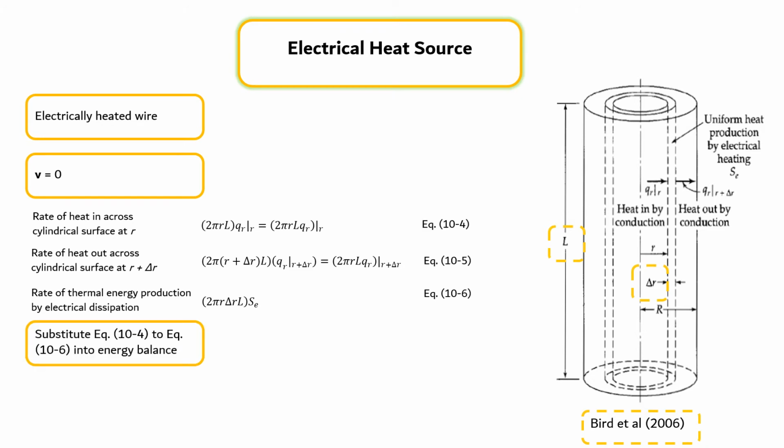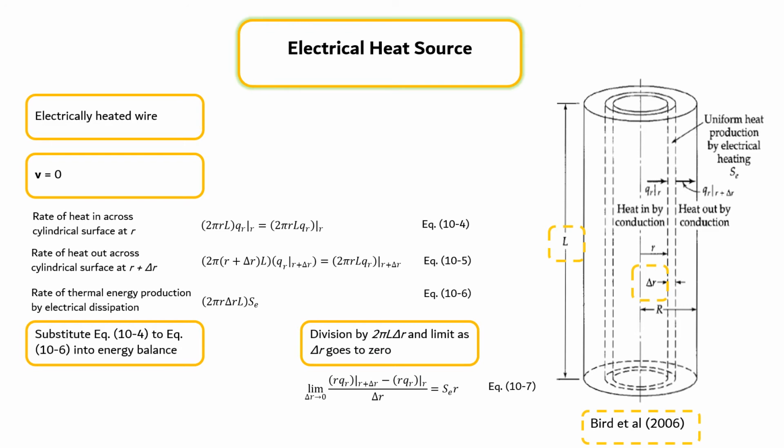We now substitute equation 10.4 to equation 10.6 into the energy balance. Division by 2 pi L delta R and taking the limit as delta R goes to 0 gives equation 10.7. The expression on the left side is the first derivative of R q with respect to R, to yield equation 10.8.